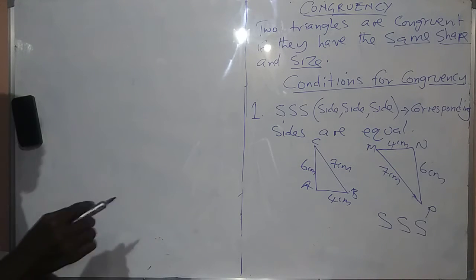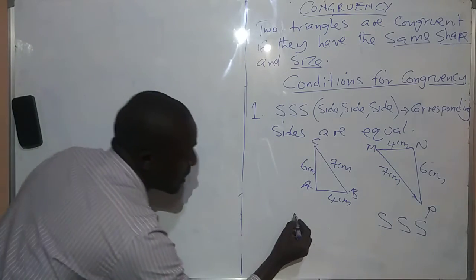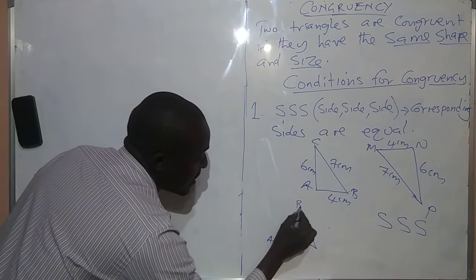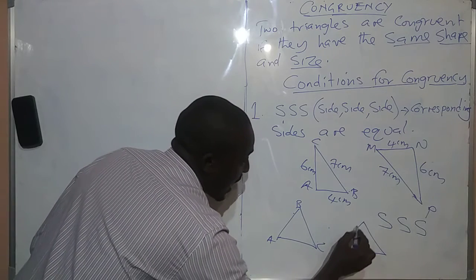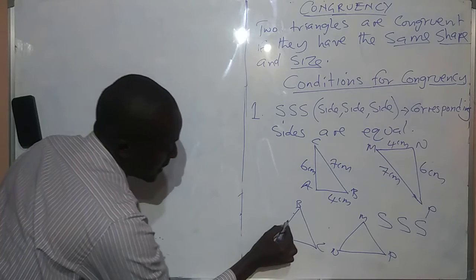So there are many different ways of writing it. We can even put the numbers the way we have put, or we can draw two triangles, A, B, C, and another one here, like this. And then we say M, N, maybe P there.